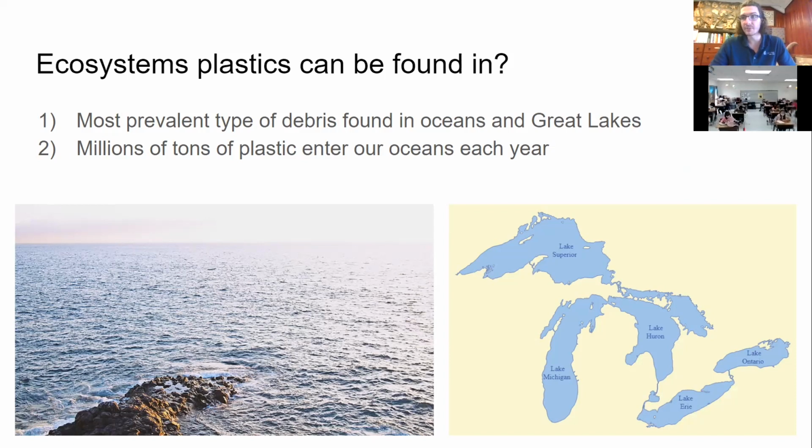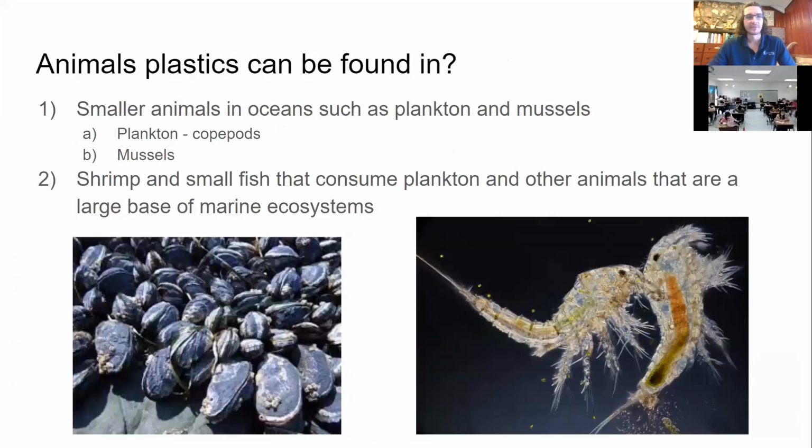But we do know that they're also in ecosystems on land now. For example, some studies have been done to show that they are in our farmlands as well. So they are found in lots of different environments. But a lot of research has taken place on how much microplastics is found in our oceans, and we know that it's a lot.